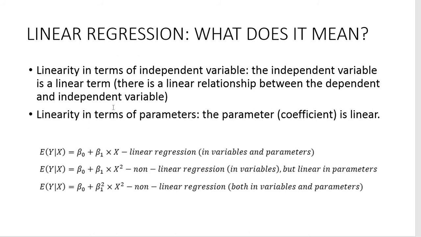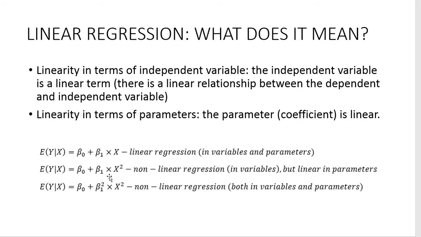And linearity in terms of parameters means that the coefficients are linear. So for instance, this is linear regression, both in terms of variables and parameters. You see that x is linear, beta 0 is linear, and beta 1 is linear as well.